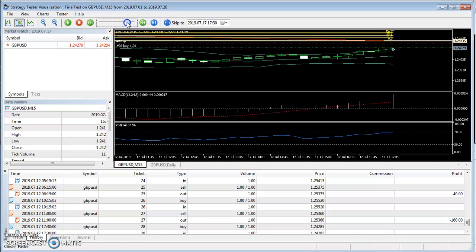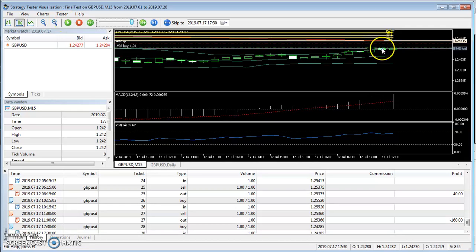And let's see how it does now. So it didn't take a profit. It ended at a lower price level than when it opened, so it continues on to 30 minutes, the next candlestick.